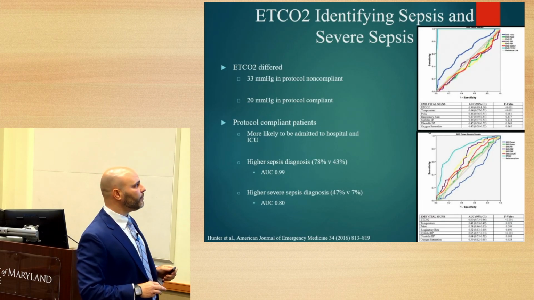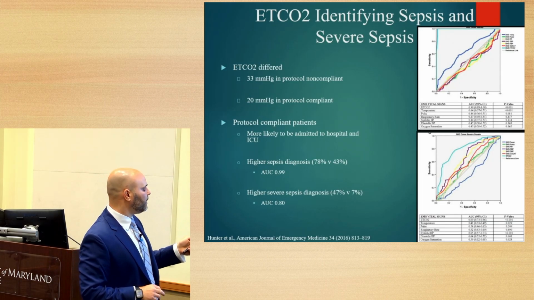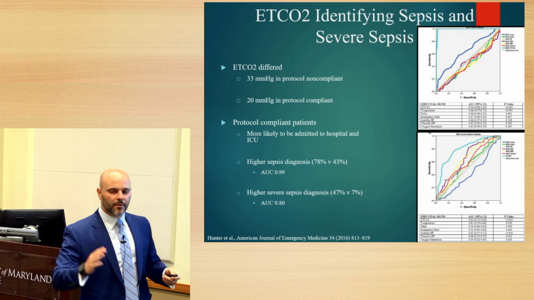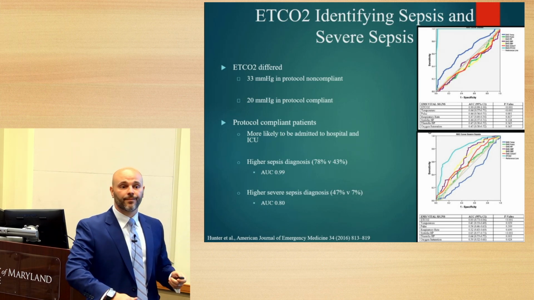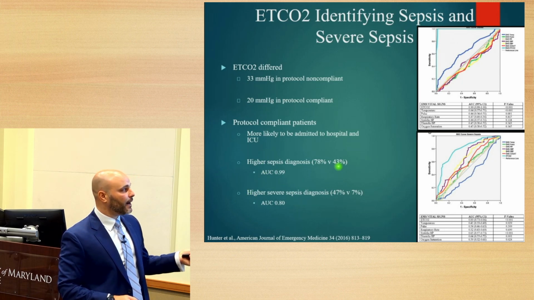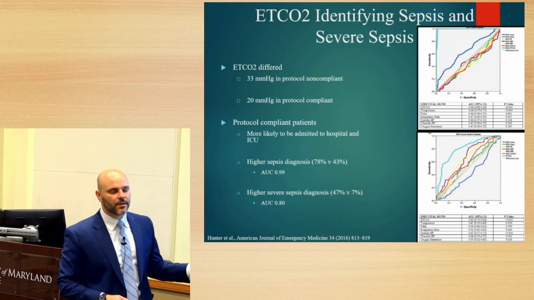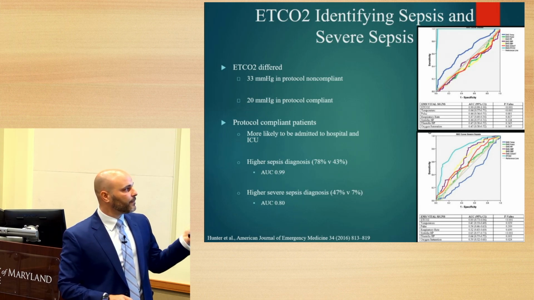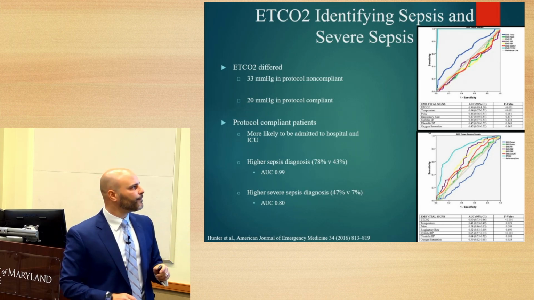Turns out the protocol compliant patients, the patients that had the low CO2, had a higher diagnosis of sepsis, a higher diagnosis of severe sepsis, and a higher likelihood to be admitted to the ICU and to the hospital itself.